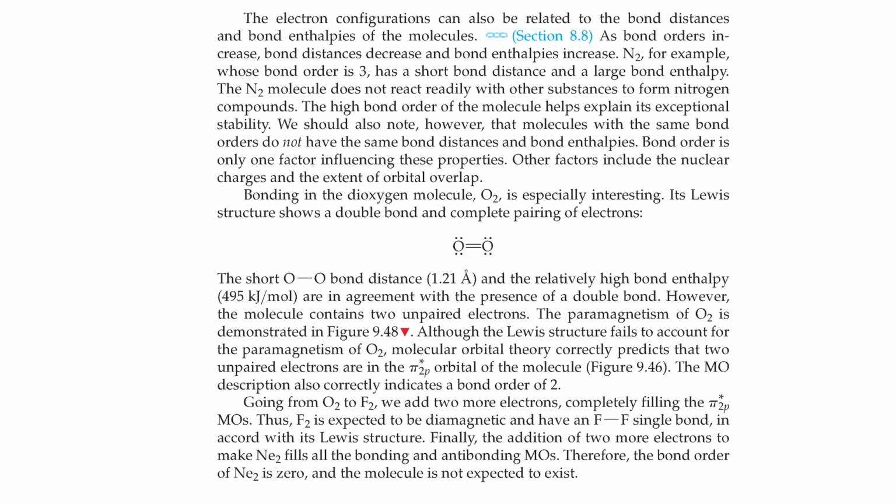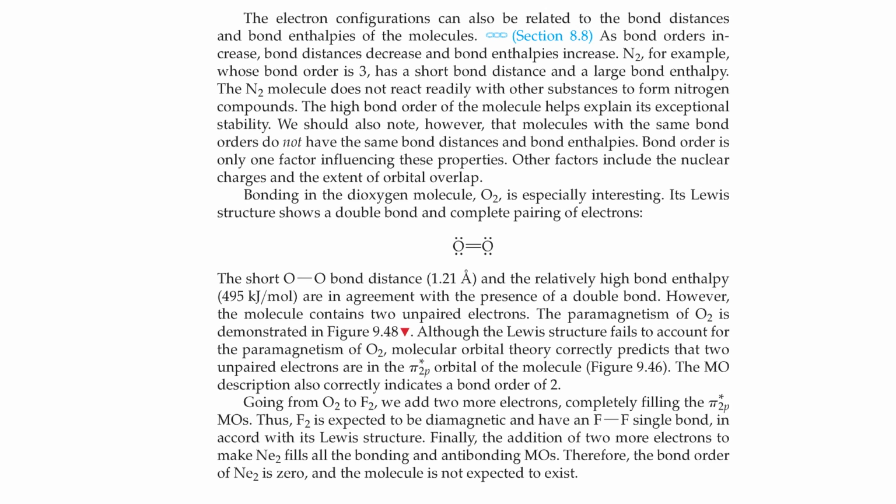The paramagnetism of oxygen is demonstrated in Figure 9.48. Although the Lewis structure fails to account for the paramagnetism of oxygen, molecular orbital theory correctly predicts that two unpaired electrons are in the pi star 2p orbitals of the molecule. The molecular orbital description also correctly indicates the bond order of 2.